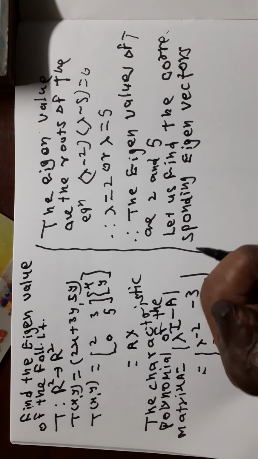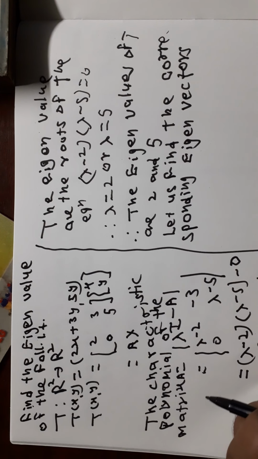That is, we find the eigenvector corresponding to eigenvalue 2 and the eigenvector corresponding to eigenvalue 5.